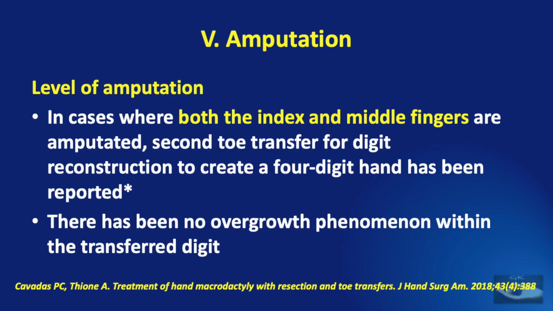There are situations where both the index and middle fingers are involved. They can be amputated, but a second toe transfer for digit reconstruction can be done to create a 4-digit hand. This has been reported and it was also seen that there was no overgrowth phenomenon within the transferred digit.